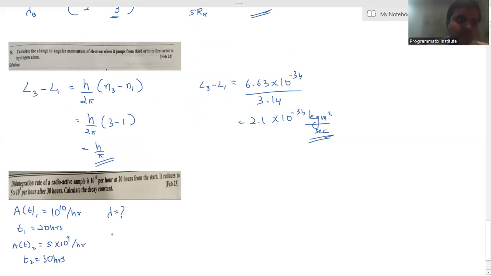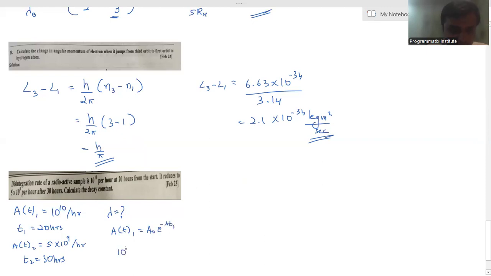So if you want to find lambda, let's solve a few things. Let's substitute and see how we can approach. So step number 1: I have A1. I have the formula for A. I can write A(t) equals A0 e raised to minus lambda t, the very famous decay constant formula. So what I can do here is write A1 will be A0 e raised to minus lambda T1.